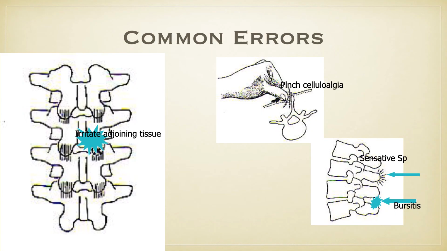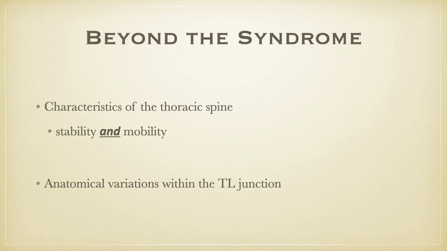So as we move forward back to where we were, we want to think about characteristics of the thoracic spine. There's different things that we can look at, and in the next slides you'll see variations of anatomy within the thoracolumbar junction. This particular area is very important as a link between the lower body and the upper body because it facilitates movement through this area.